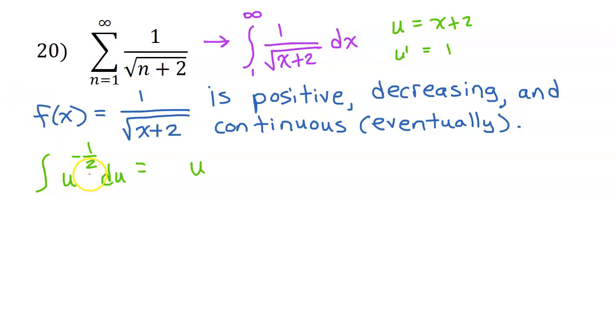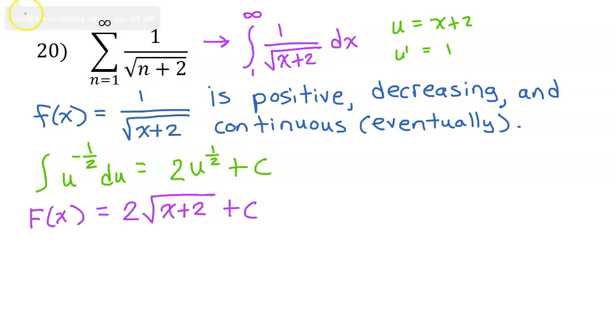Using the power rule of integration, we add 1 to the exponent, which gives us 1/2. Then we divide by the new exponent, and dividing by 1/2 is the same as multiplying by 2. And don't forget the plus c. So the antiderivative is 2 times the square root of x plus 2 plus c.